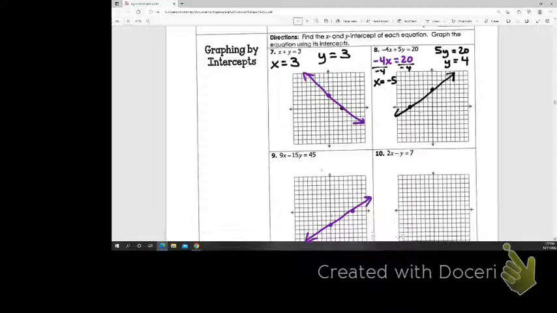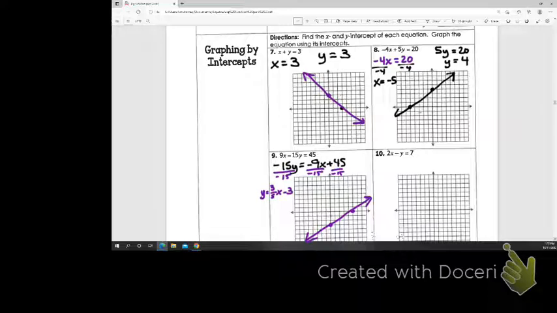So guys, notice that if I were to move it around to put it in slope-intercept form, I would move the x over, I would divide each term by negative 15, and I would get y is equal to, I would have to reduce, 3/5 x minus 3.